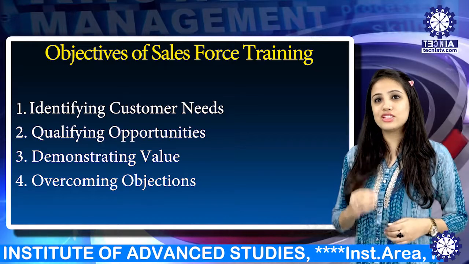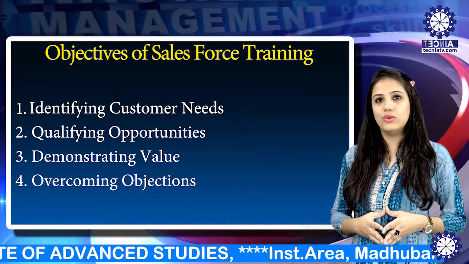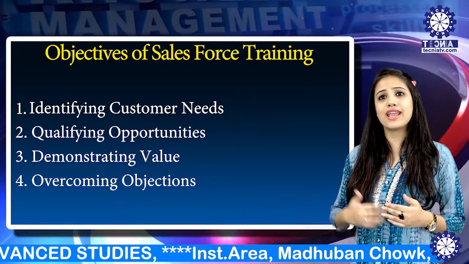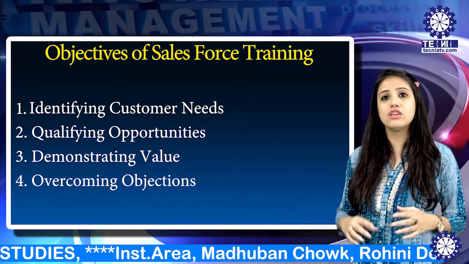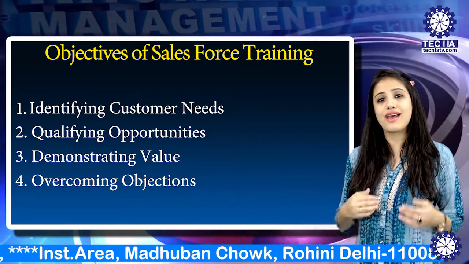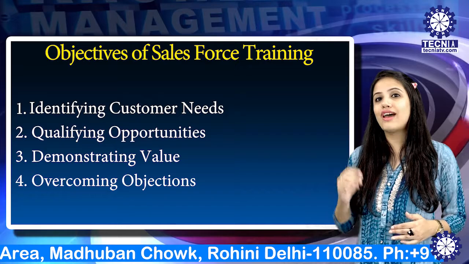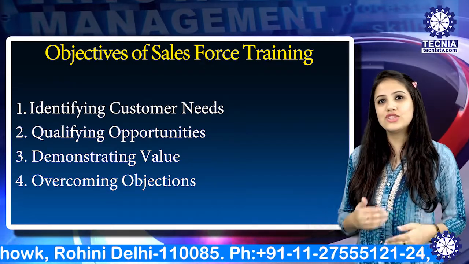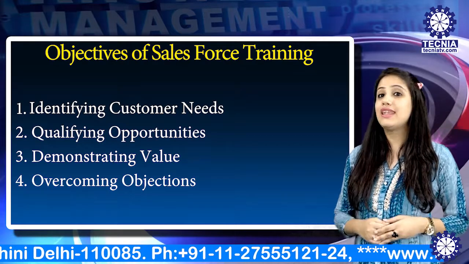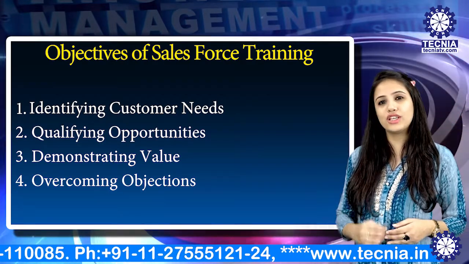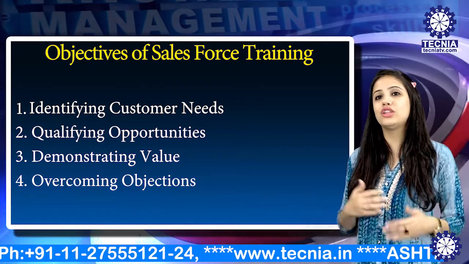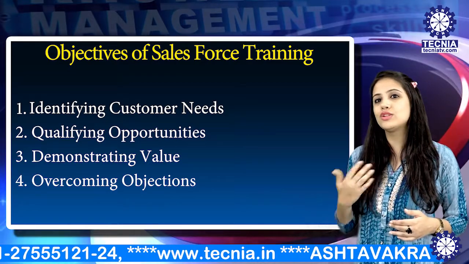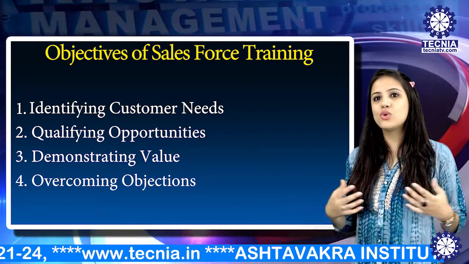Next objective is demonstrating value. Sales training programs enable a participant to describe the company's products and services so they show value to potential customers. So this is why an objective of sales training is demonstrating value. Next objective of sales training is overcoming objections, or we can also say handling objections.